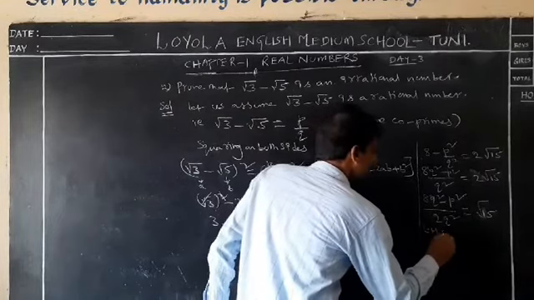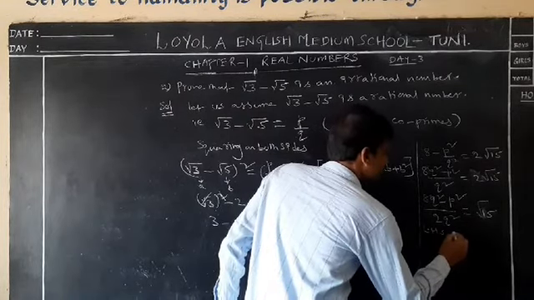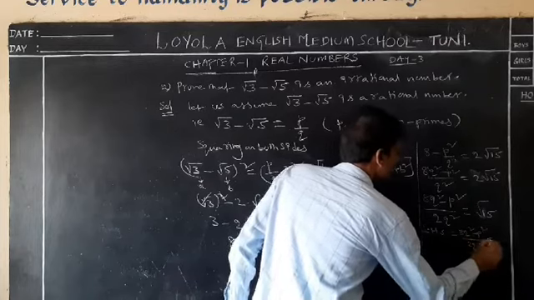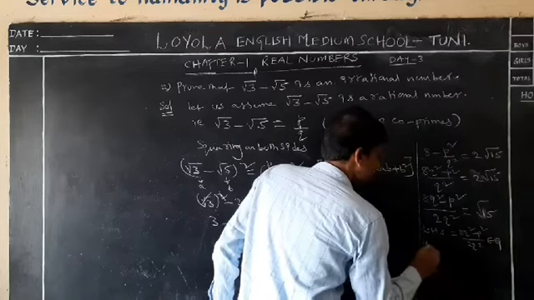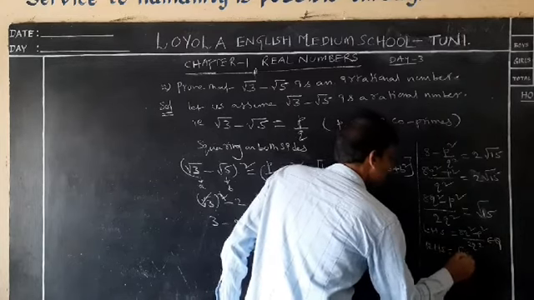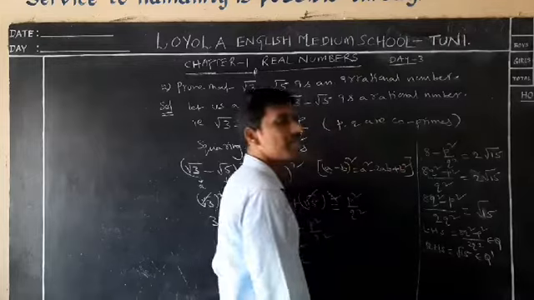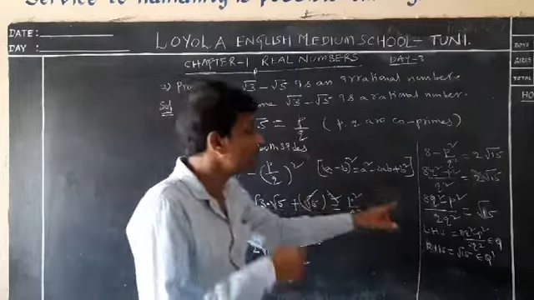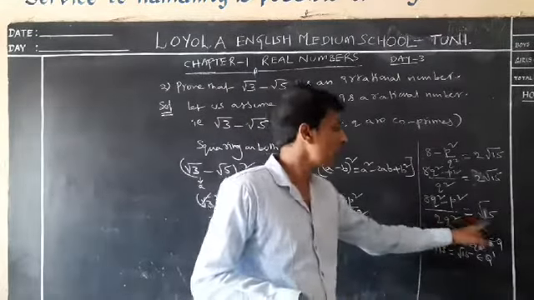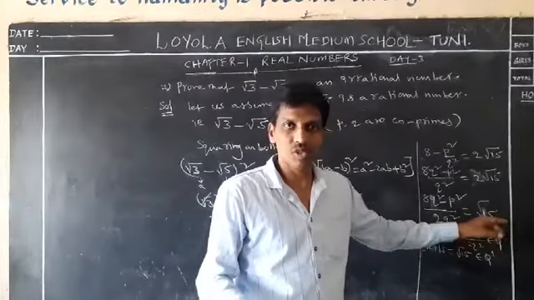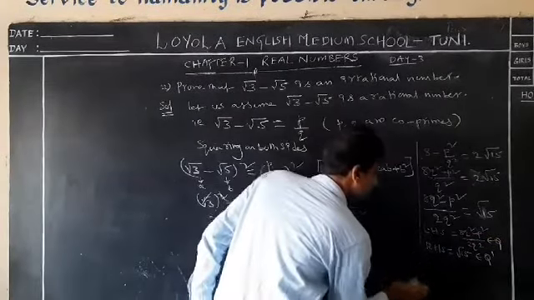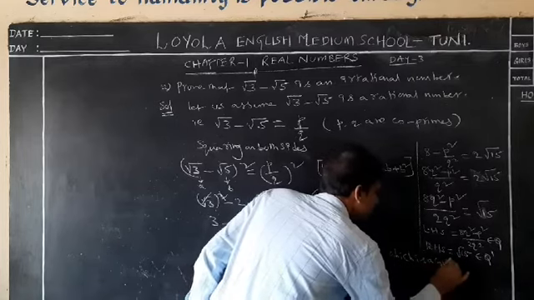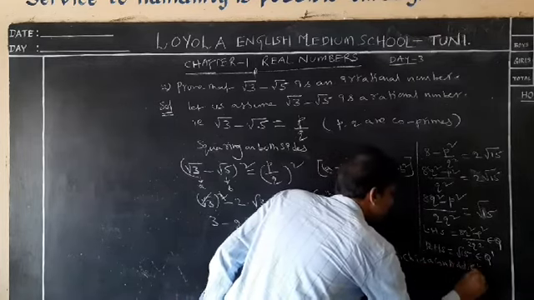If we observe carefully here, LHS is equal to 8q square minus p square by 2q square belonging to a rational number, and RHS is equal to root 15 belonging to an irrational number. So because of our wrong assumption, a rational number is going to equate to an irrational number. So this is a contradiction.